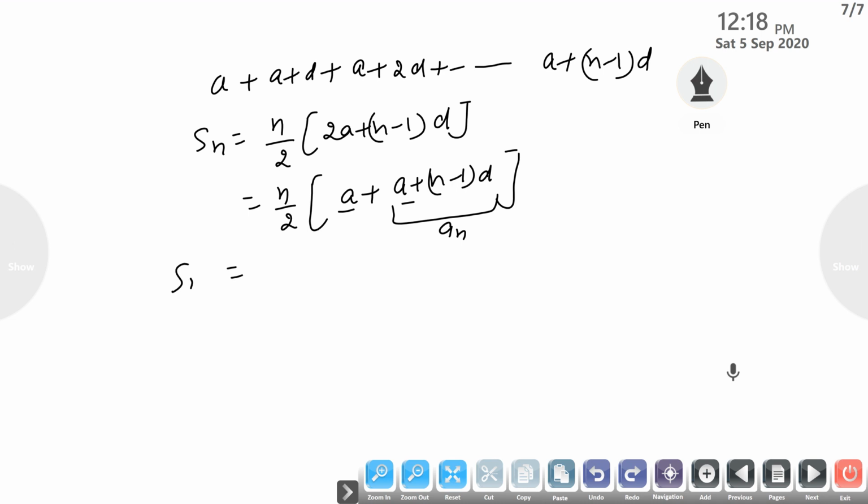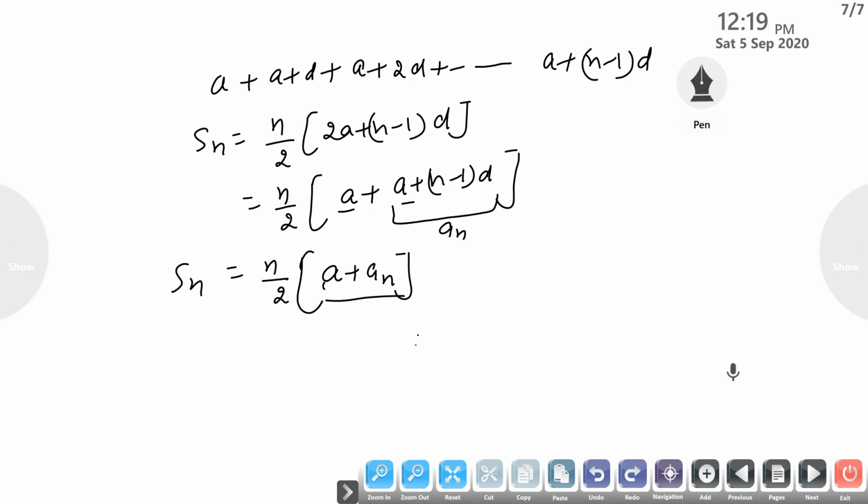So Sn equal to n by 2 into (first term plus last term), a plus an. This is the formula to find the sum of the arithmetic progression.